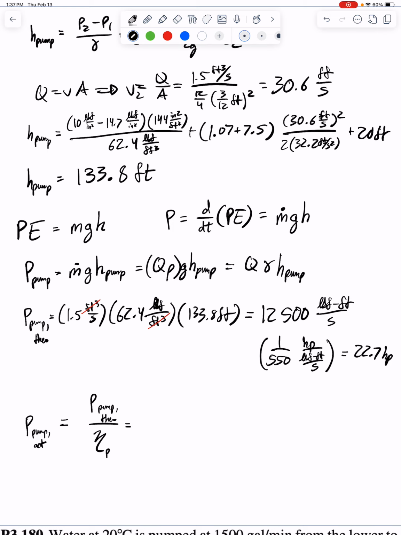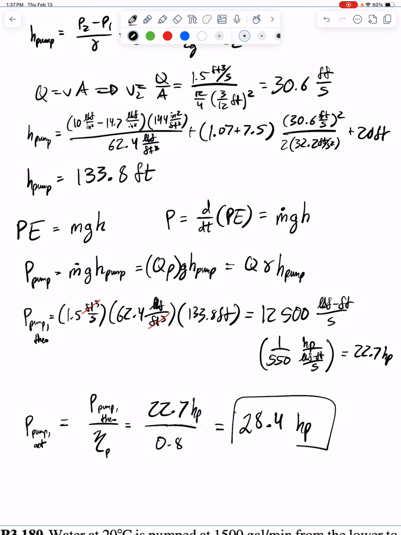We're going to put in more power, and with the efficiency reducing it, we'll have enough to complete the job we want to do. So 22.7 horsepower divided by 80% efficiency, so 0.8, is equal to 28.4 horsepower. That's the power required to drive the fluid, the water, from the reservoir to your machine.